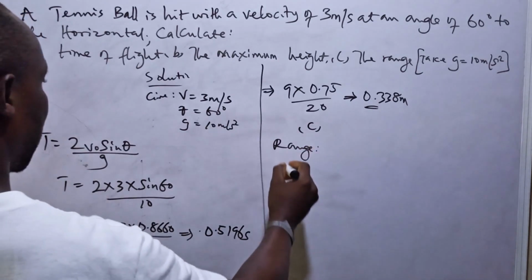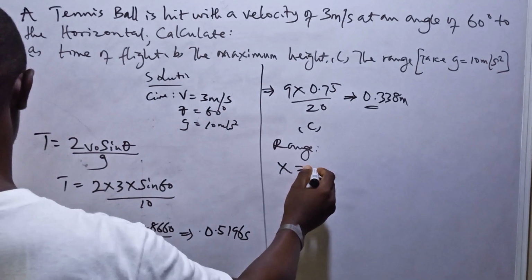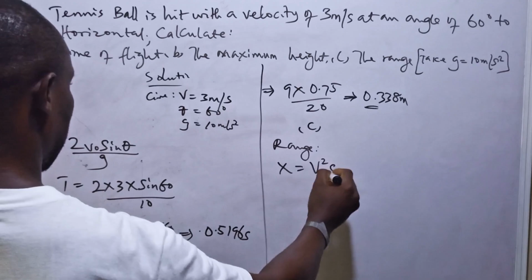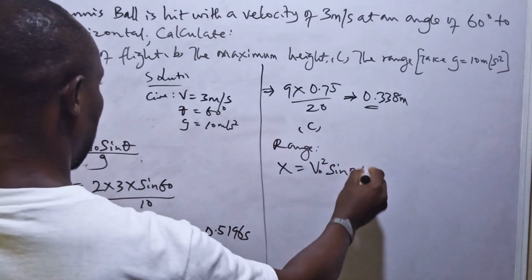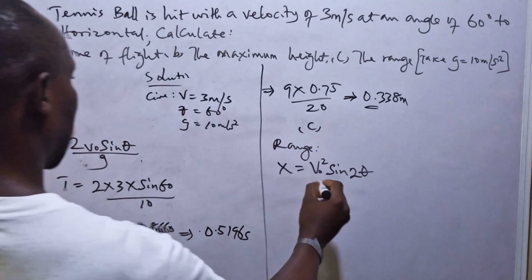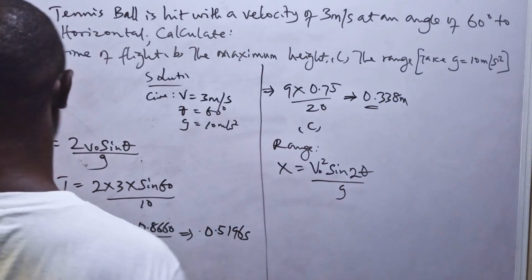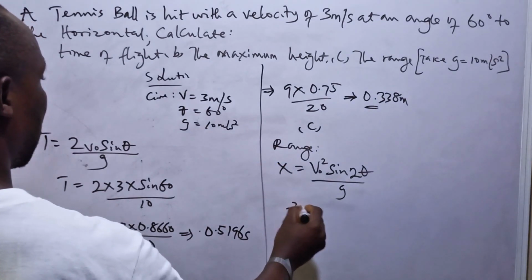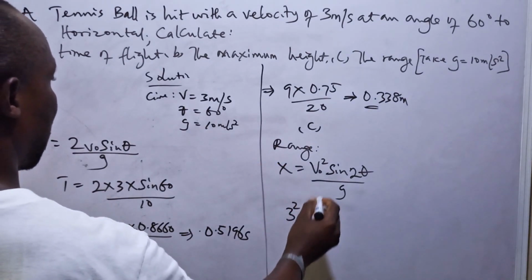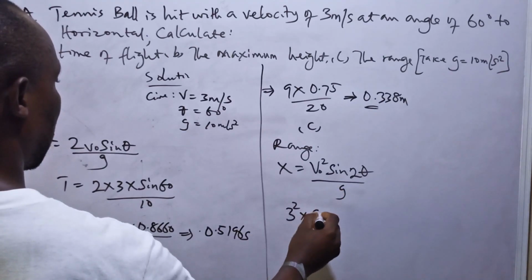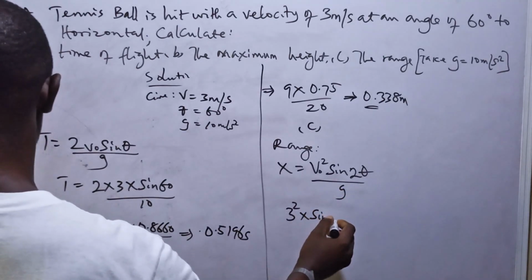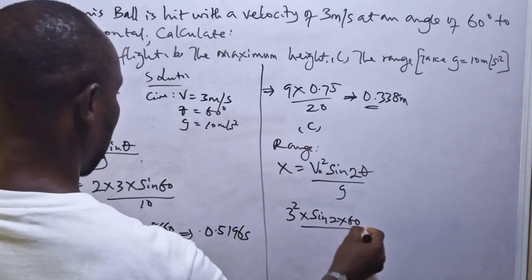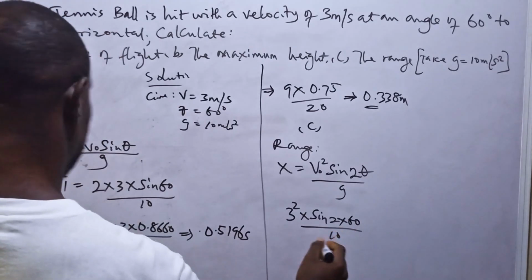The range is given as x equals v naught squared sine 2 theta over acceleration due to gravity g. And v is 3 squared multiplied by sine 2 times 60 over 10.